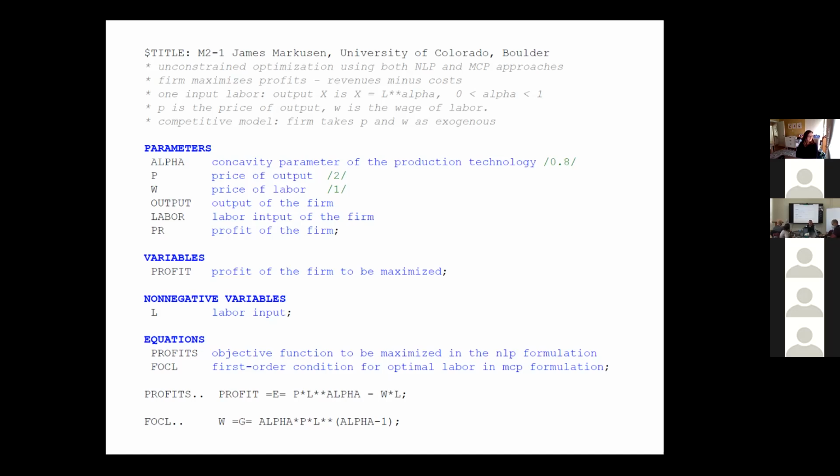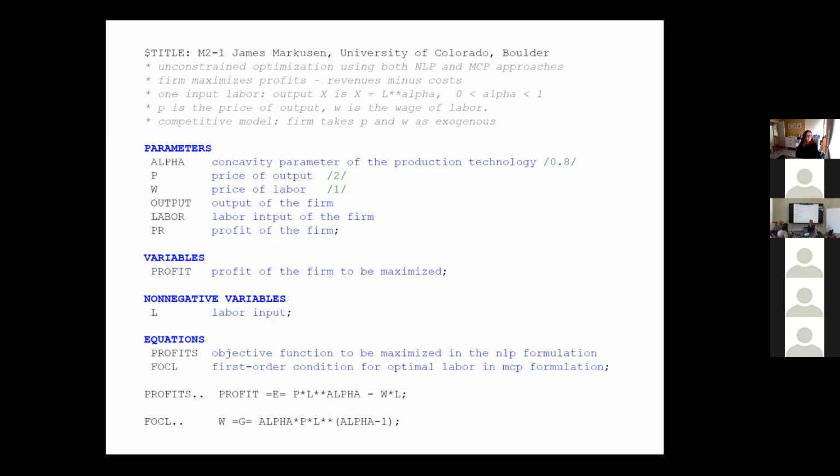And a first order condition, to show the equivalence here in GAMS between NLP and MCP, between an optimization and a complementary problem. So I have two equations, and the notation in GAMS is the name of the equation dot dot, and then you write the equation.